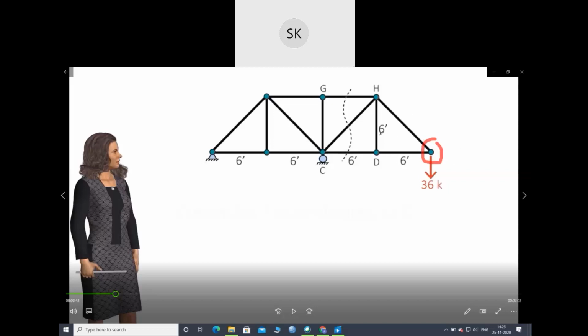You have to solve this joint, this joint, this joint. Then only will you get to know the force in this member. But with the method of sections, you just have to cut the section and find out the reactions. Okay, let's continue.